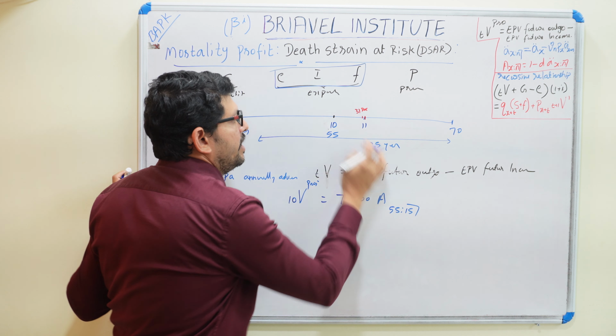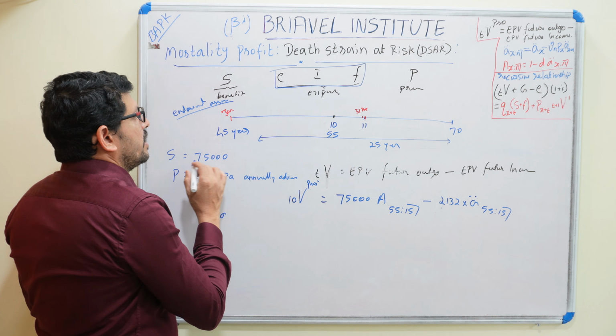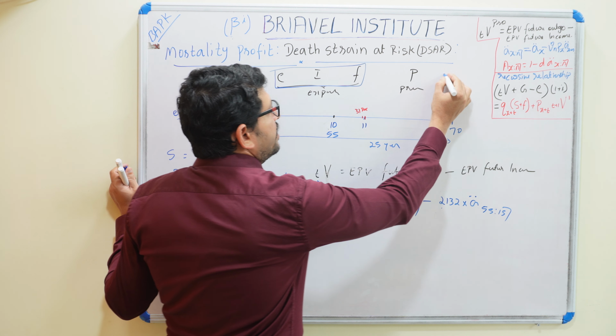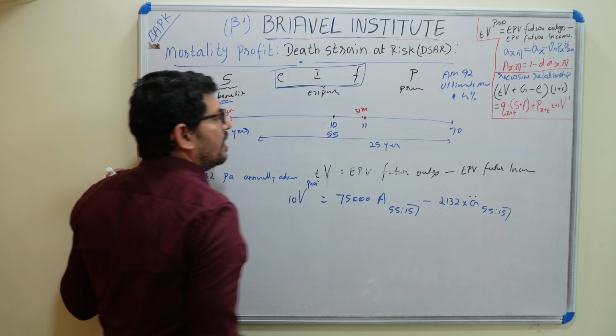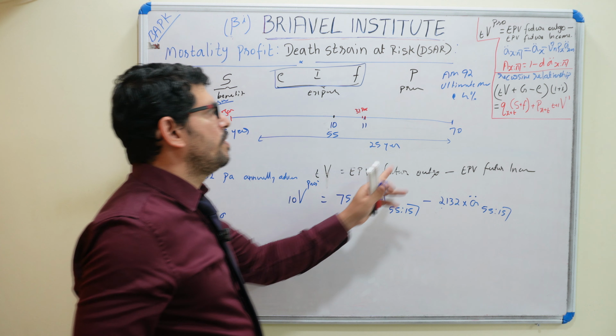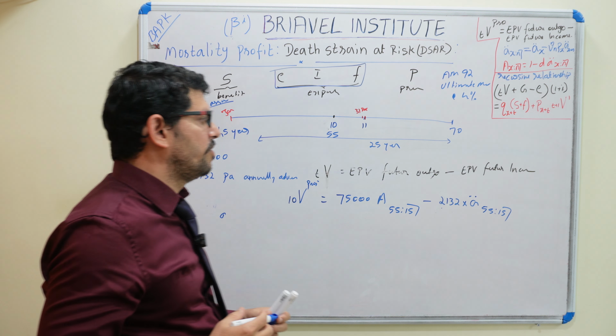It will be annually in advance, so we put the annuity due ä55:15. As it is an endowment assurance, we use A55:15. We calculate this using the AM92 ultimate mortality table at the rate of 4%.